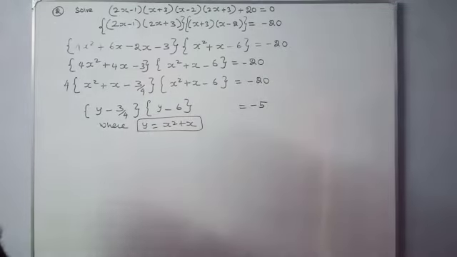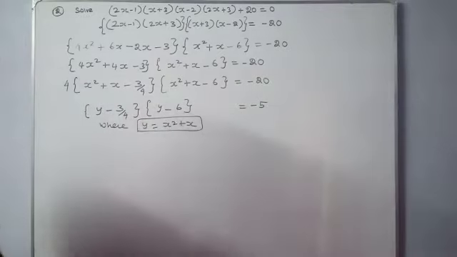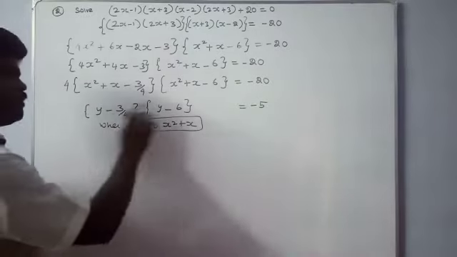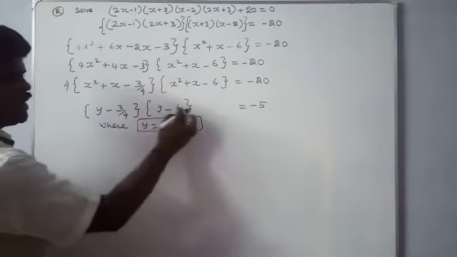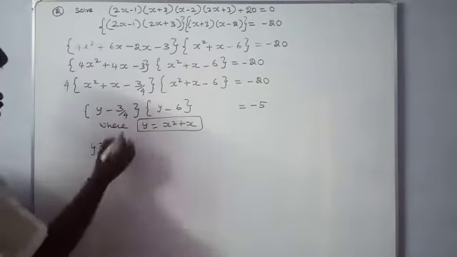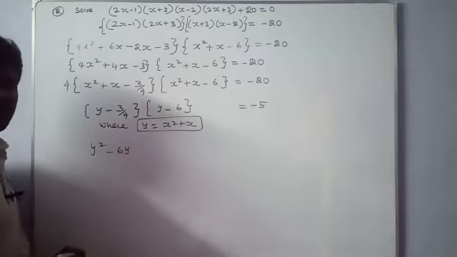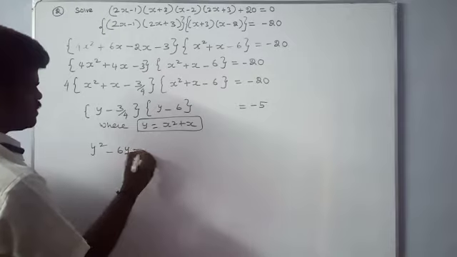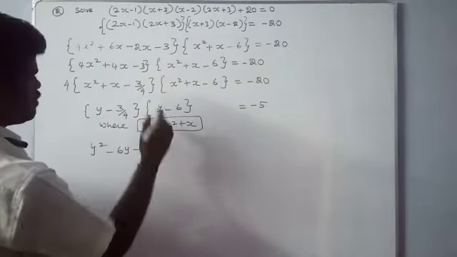Now this is the 2 factor, so we can multiply these 2 factors. What is the value? First of all, take y to multiply this term, y square minus 6y and minus 3 by 4, minus 3 by 4y.